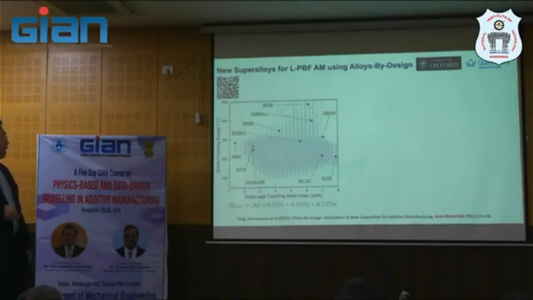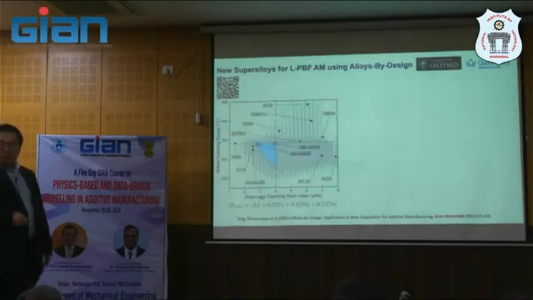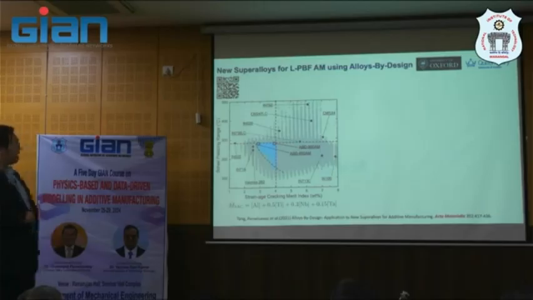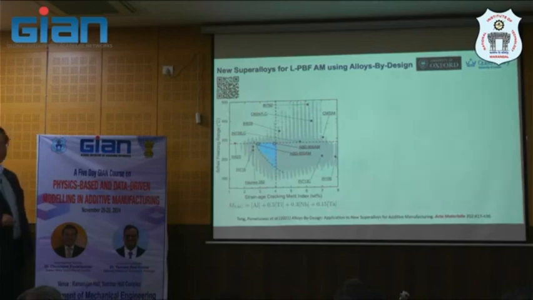And then what we did is actually we used two indices here. I think I repeat it again. One is the strain age cracking index. Again, this is linked to the gamma prime fraction, but we add niobium and tantalum, which are small fractions, and then we say this is the index.